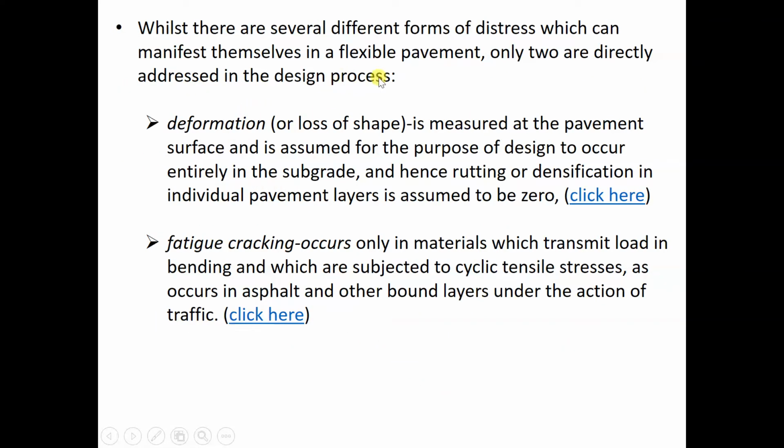While there are several different forms of distress which can manifest themselves in flexible pavement, only two are directly addressed in the design process. In the design process we sort of simplify the distress. We make some simplification, so we cannot cover all the things that actually happen, but we simplify into deformations and fatigue cracking only.